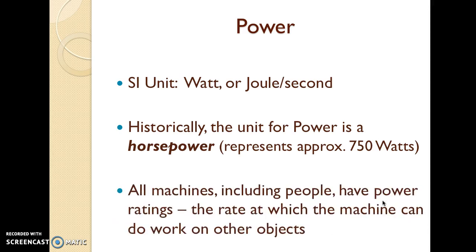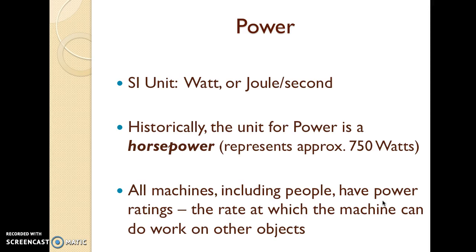All machines, including people, have power ratings, which is the rate at which the machine can do work on other objects. So one fun activity that you can do is strap some weights onto your back or put on a heavy backpack with all of your physics textbooks and run up a flight of stairs. If you know how much you weigh with the books on your back, you can calculate your weight or the force. And then if you know the distance up the stairs, the elevation, you can calculate your gravitational potential energy.